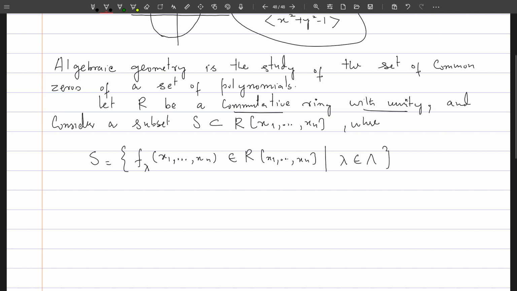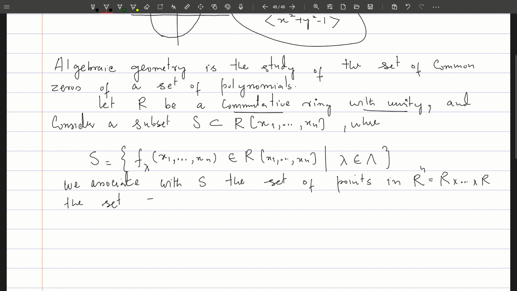So we associate with S the set of points in R^n, which is the Cartesian product of n copies of R, the set Z(S).